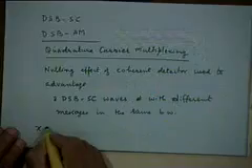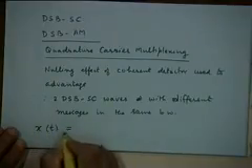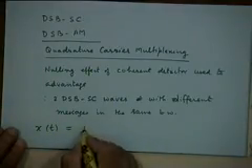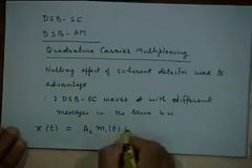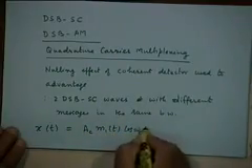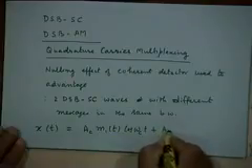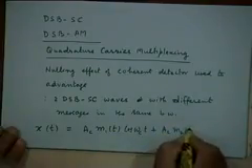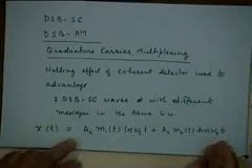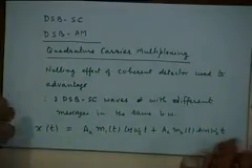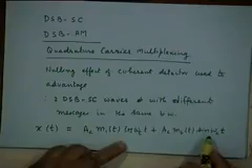So basically what we are saying is, suppose I use a modulated waveform x(t) equal to A_c m1(t) cosine omega_c t plus A_c m2(t) sine omega_c t, right? I am transmitting both of them together at the same carrier frequency.